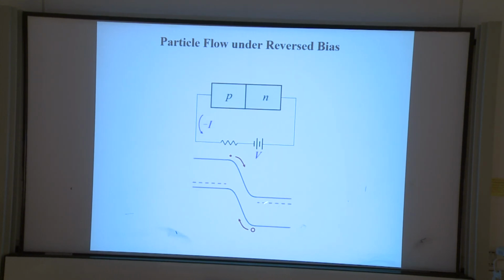There is no diffusion current, but there is drift current. Drift current means the particle just drifts into the transition region and is passed to the other side. So it's controlled by drift, not by diffusion.